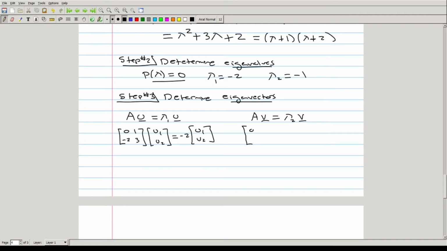And the matrix 0, 1, negative 2, negative 3 times v is equal to negative 1 times v1, v2.